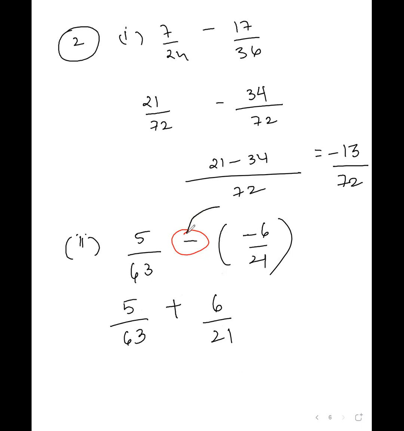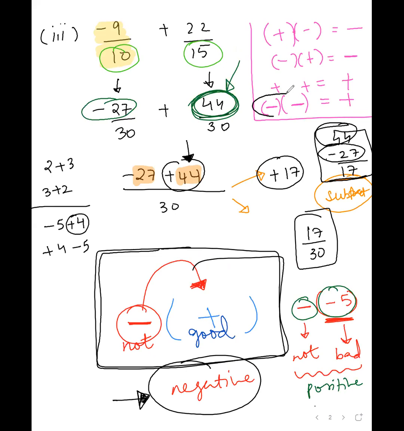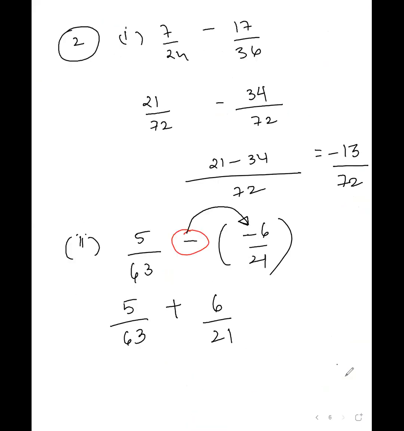This minus and this minus combine to give you a positive. The same thing which we discussed earlier: when a negative and a negative are being multiplied with each other, you get a positive. Is this clear, Hiba? Yes. Okay.